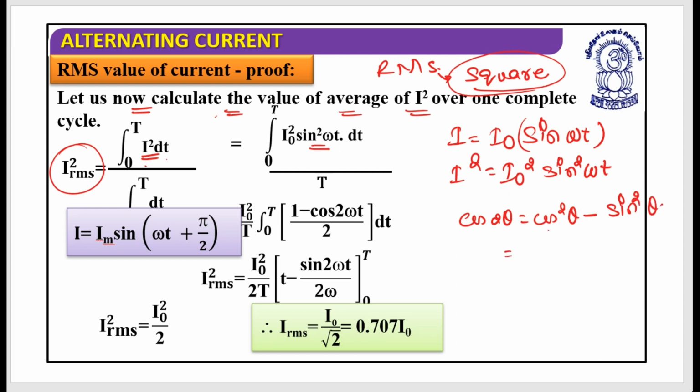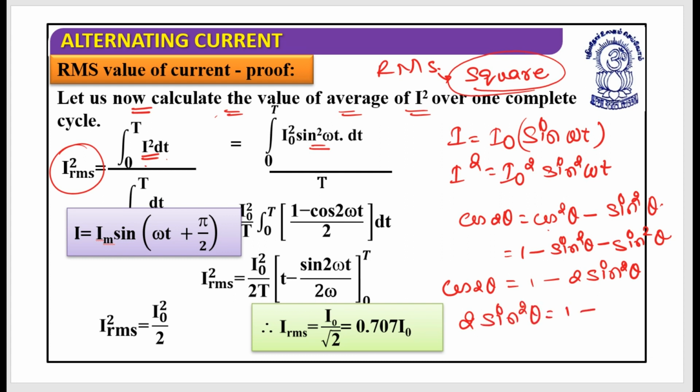I can replace cos square theta with 1 minus sine square theta, so that it equals 1 minus 2 sine square theta, which is cos 2 theta. So 2 sine square theta equals 1 minus cos 2 theta, or sine square theta equals (1 minus cos 2 theta) by 2.